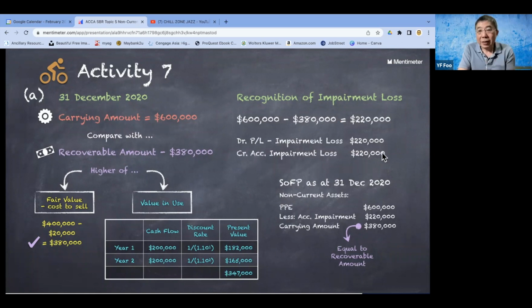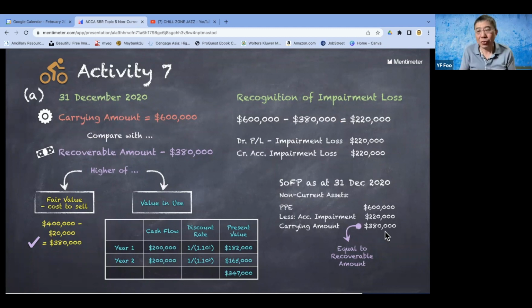Okay, so that's how you record. So when you show it in your statement of financial position under non-current assets, your PPE, the cost will be 600,000, less accumulated impairment. So your carrying amount now will be equal to your recoverable amount. So there is no overstatement.